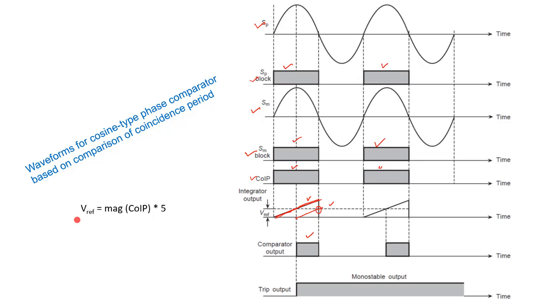Your V reference will be equal to the magnitude of COIP, that is the magnitude of this coincidence period waveform, right, into 5. That will give us V reference. If we put this V reference like this, then obviously when your coincidence period becomes less than 5 millisecond, at that time when the phase difference is greater than 90 degree, at that instant your comparator output will become 0, right.